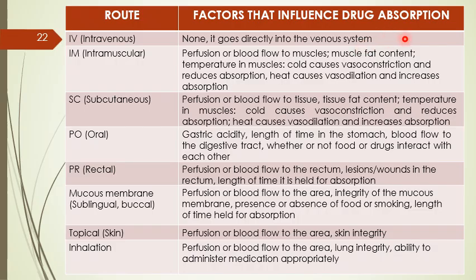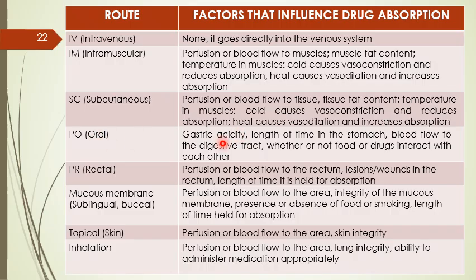So it's very prone to medication error if you're not doing the six rights. Then you have the IM, as we talked about, which is affected by the muscle fat content. And we have the SC, also affected by the tissue fat content, and sometimes temperature can cause quicker or slower absorption, as well as PO.